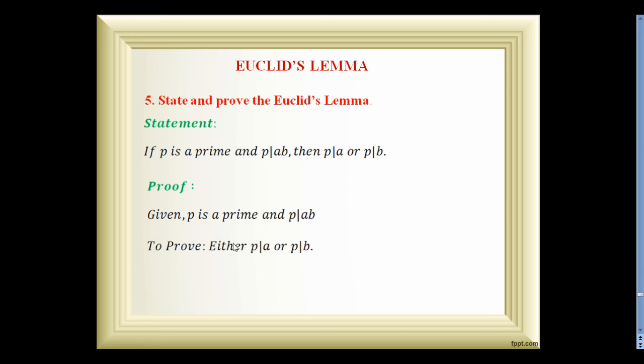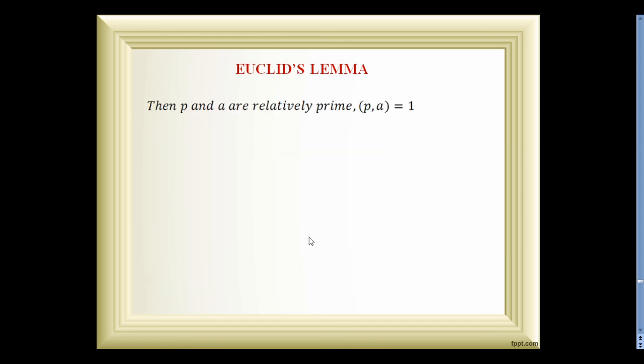Now to prove, either P divides A or P divides B. Suppose P is not a factor of A. That means if P is not a factor of A, then it must be relatively prime, P comma A, which is equivalent to 1. GCD of P comma A value is 1.